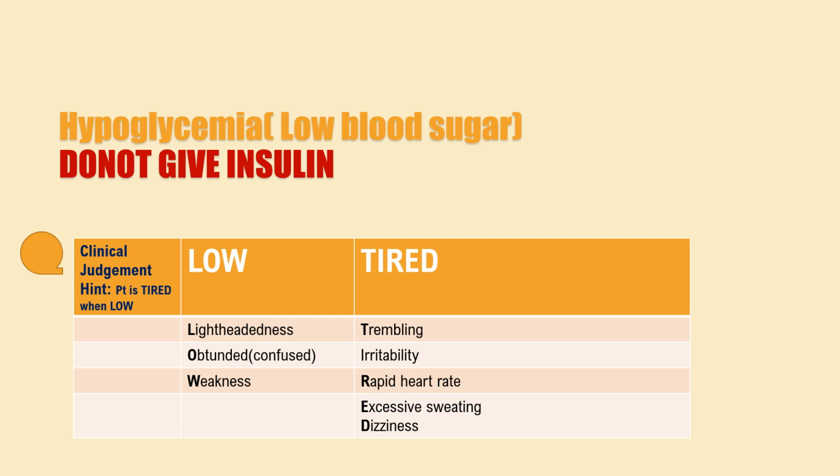So they are lightheaded. Obtunded, meaning they're confused, weakness. You notice your patient is shaky, trembling, irritability, rapid heart rate, excessive sweating, they're dizzy. So the patient just feels sick.